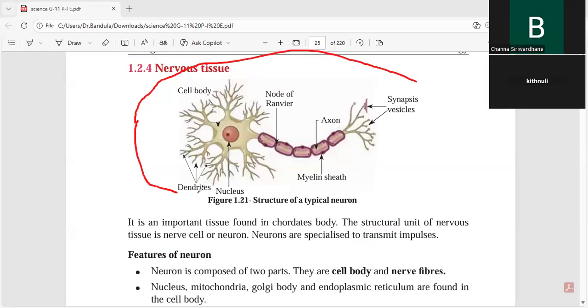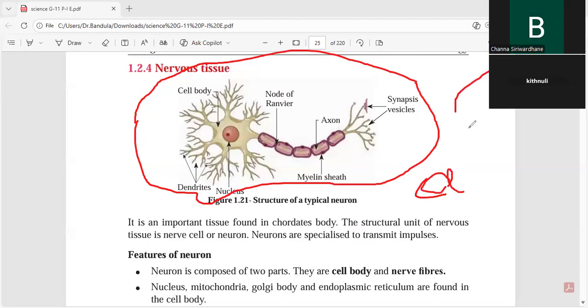Again, you have to remember this structure is a cell, right? We have learned about animal cells like round shapes, with a nucleus, the membrane, and various organelles in the cytoplasm. This is a typical animal cell.